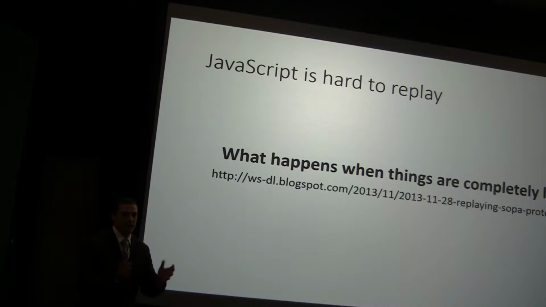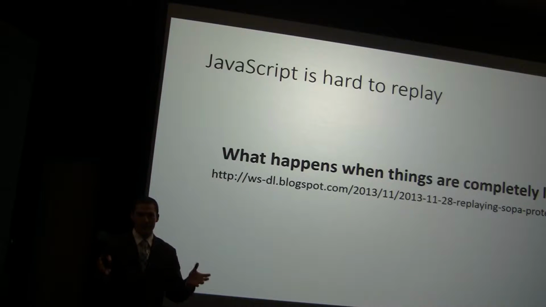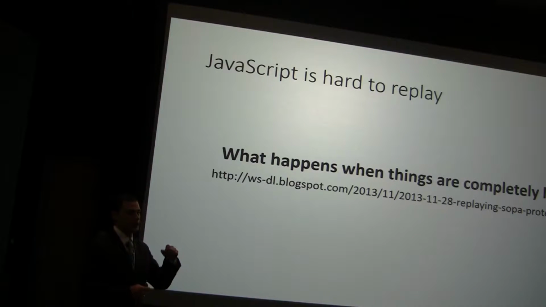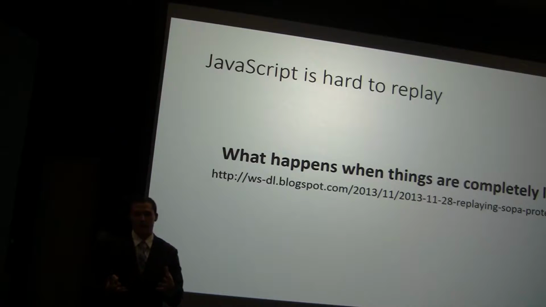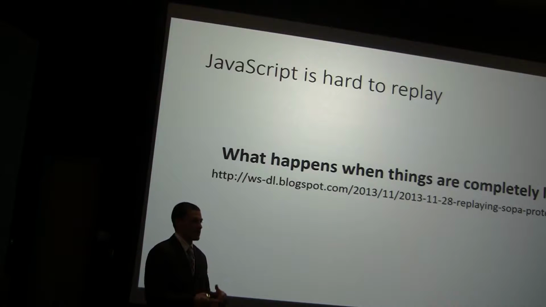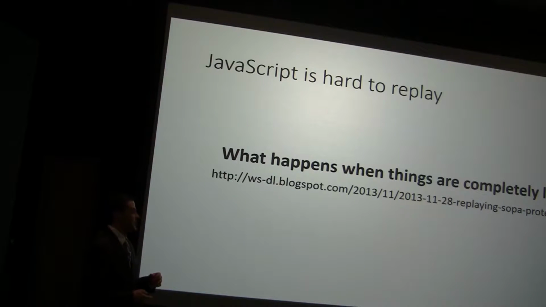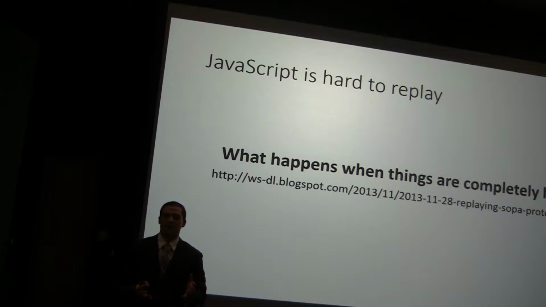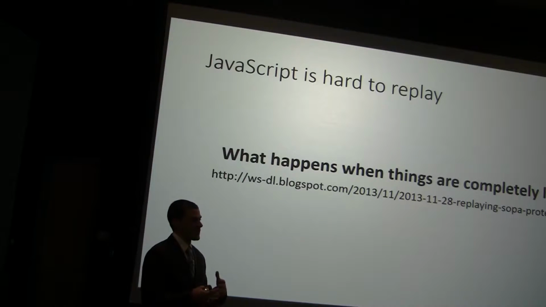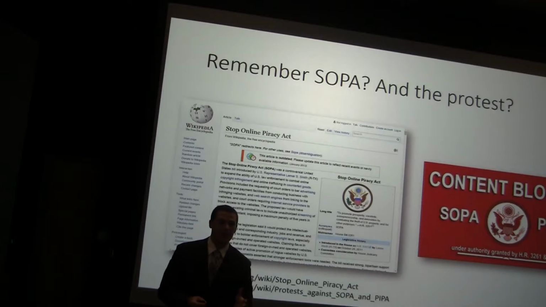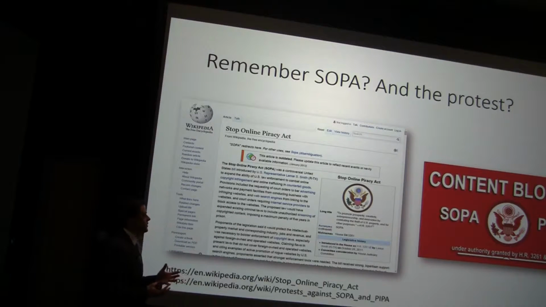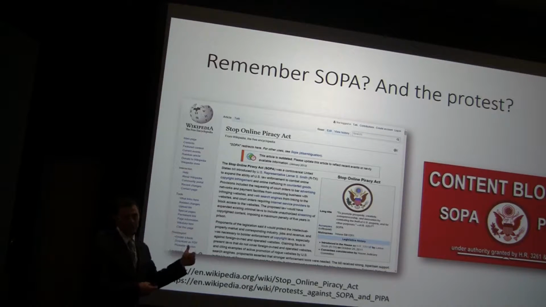So sure, okay, you might be saying, well, advertisements suck, I don't care about them anyway, and if we get the main content and all the other good stuff, well, then what's the big deal? So we miss a couple of advertisements. But there are situations in which historical events are actually being completely lost from the archives. And for this example, we refer to the Stop Online Piracy Act.